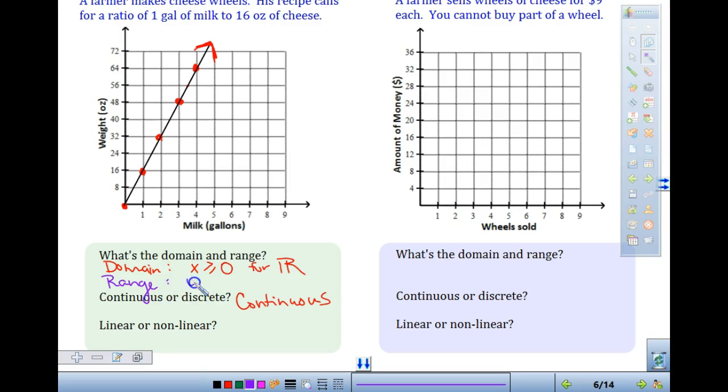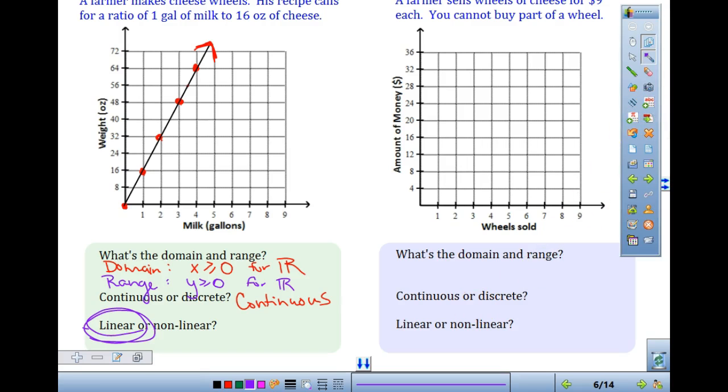My range is when Y is greater or equal to 0. And again, we can have fractions and decimals, right? So we're going to say for all real numbers. And we already decided this should be linear.